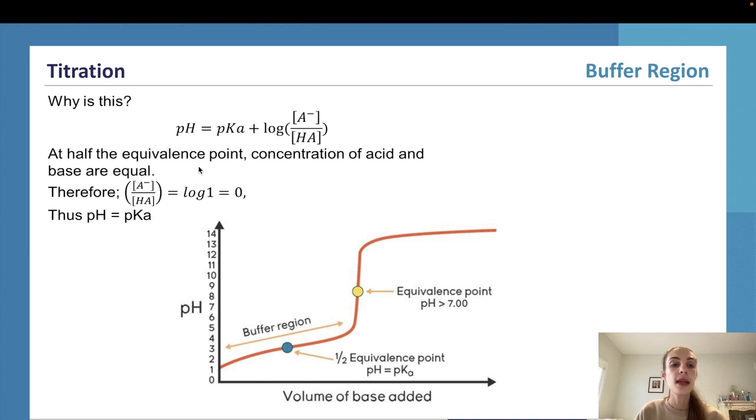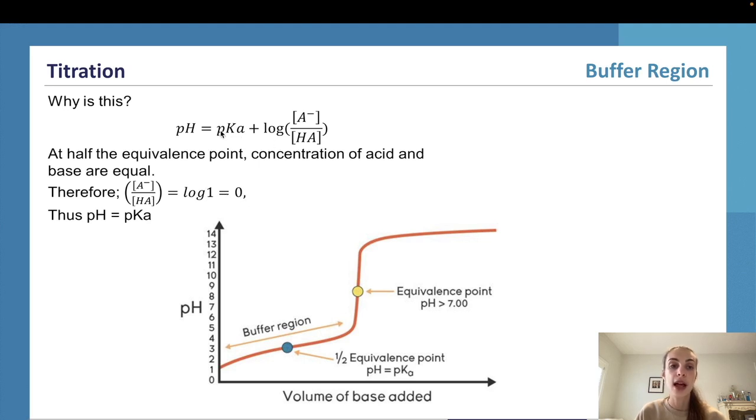And so this basically tells us that at half the equivalence point, the concentration of the acid and the base are going to be equal. So therefore, the conjugate base divided by the conjugate acid concentrations is going to equal log in base 10 of 1, which is going to equal 0.